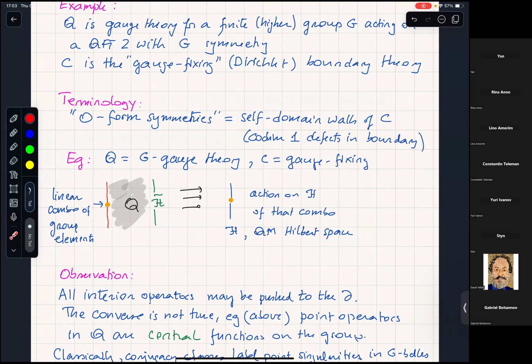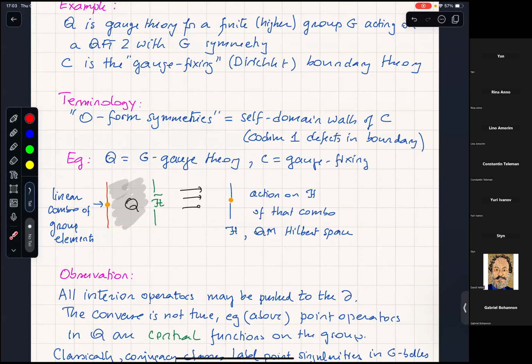And having a symmetry means a group of symmetries which leaves the Hamiltonian invariant. And if you have that, then you can, of course, insert at any point you like a group element to act on the Hilbert space. And it doesn't matter where you put it as long as you don't run into other operators that you insert, because we assumed the Hamiltonian was commuting with the group action. So in that sense, that's a topological defect.